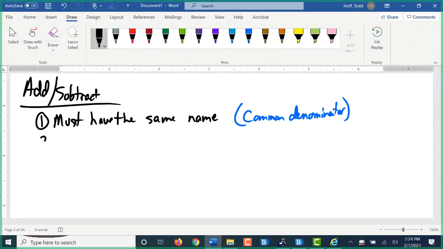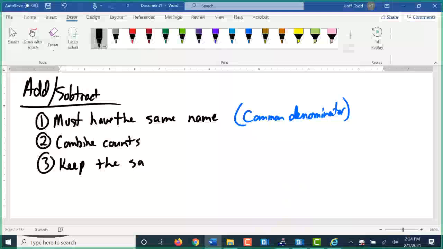And of course, we combine counts. To add fractions, you add the numerators and you keep the same name, you keep the common denominator.